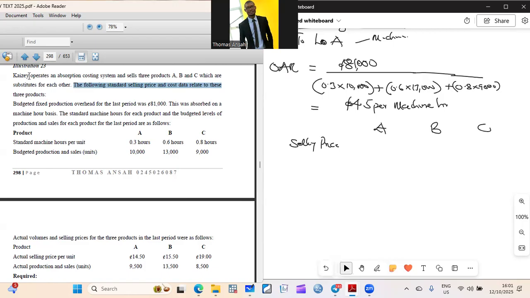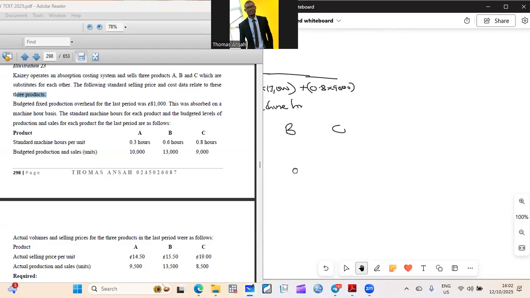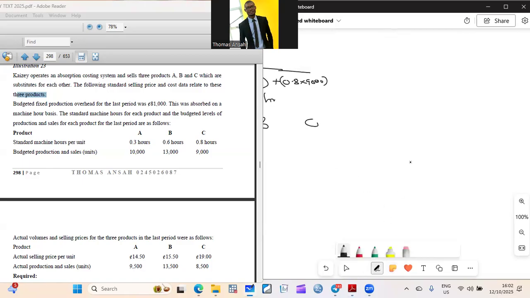Okay, let me see if I can get it for you. Use this. So it's supposed to be here. Let's assume that the selling price for A is 14, B is 15, and C is 18.